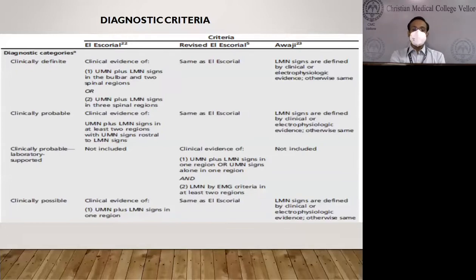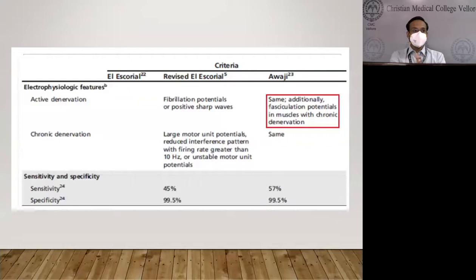When the Awaji criteria came in 2006, they started saying that apart from clinical findings, even EMG findings can replace the LMN clinical signs. LMN findings on EMG were equal to a clinical examination of LMN, and they added fasciculations also.